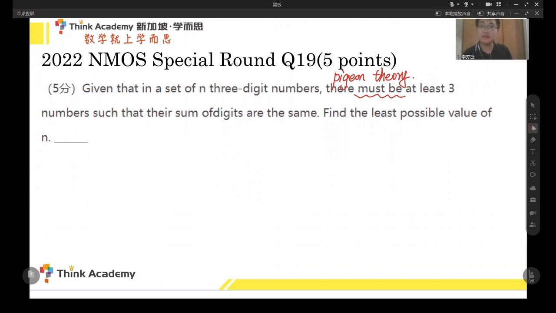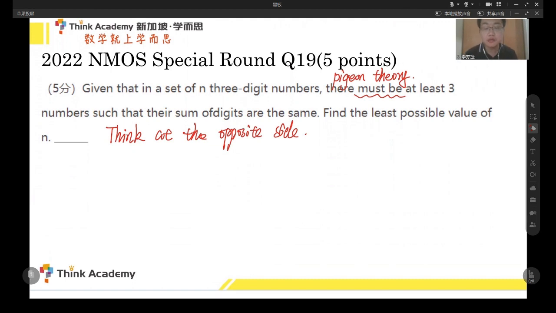So this type of question always requires us to think from the opposite side. Which means that in this question, we should guarantee there are at least 3 numbers.